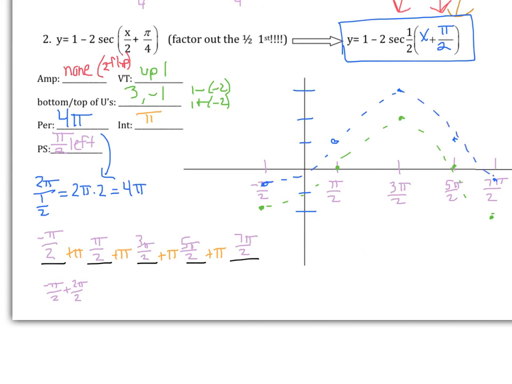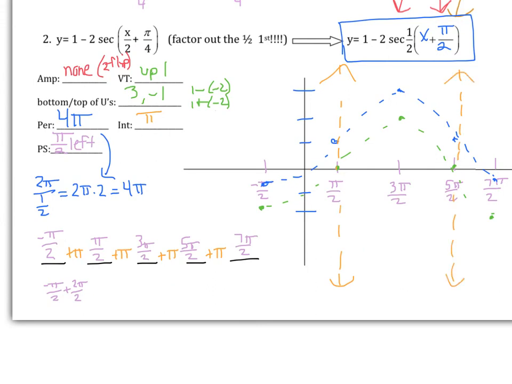Now, because this is secant, again, I'm not starting with a solid cosine graph. This is still my scratch work. I need to see where cosine would have hit 0. That's where I have my asymptotes. So it looks like that happens at pi over 2 and at 5 pi over 2.